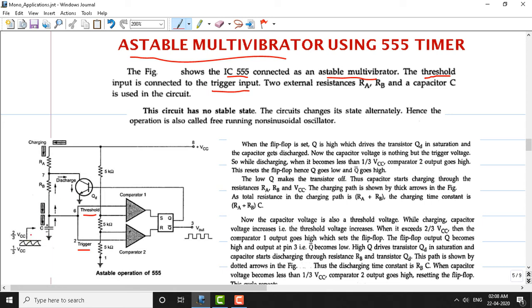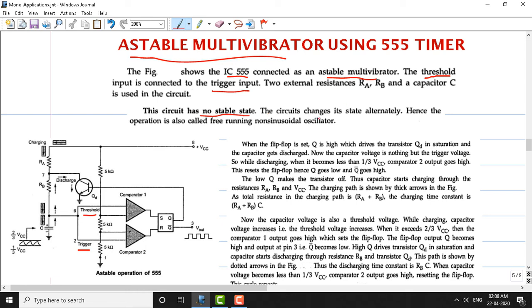Unlike the monostable multivibrator, which has one stable state and another quasi-stable or temporary state, in an astable multivibrator we have two states and both are temporary. There is no stable state in an astable multivibrator.